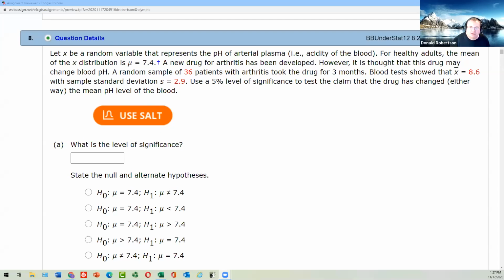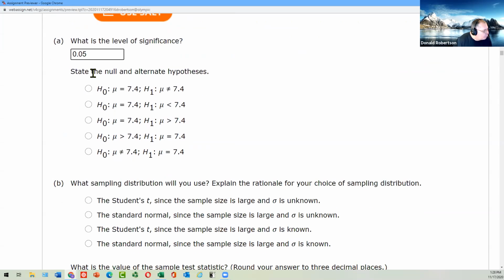So I'm now going to go into WebAssign, in particular into SALT, and there's question 8. So what is the level of significance? 0.05. They kind of ask you the same group of questions. So after a couple of questions, you'll get used to it. Now, one of these 5 dots is the same guy that I just wrote in.